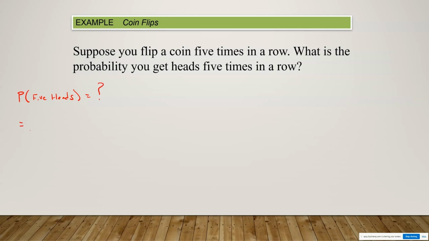If I want 5 heads in a row, the first flip is a head, the second flip is a head, the third flip is a head, the fourth flip is a head, and finally, the fifth is a head.